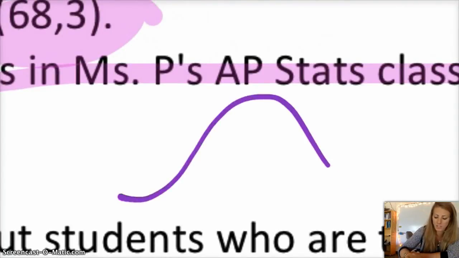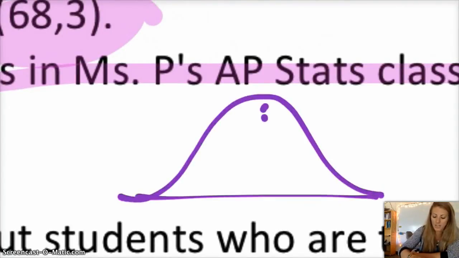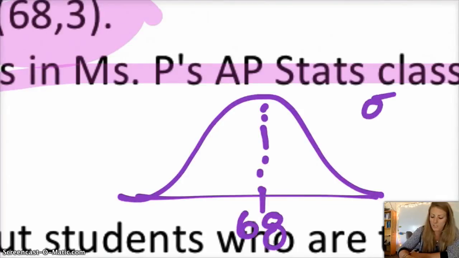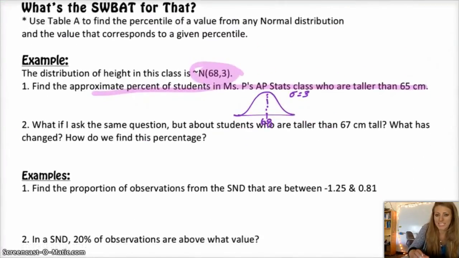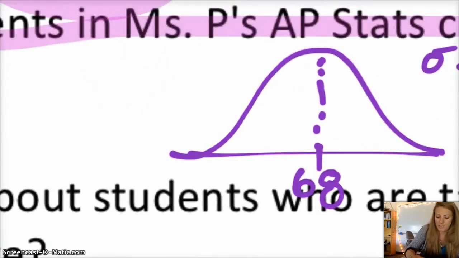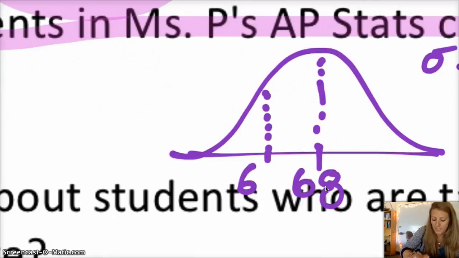You've got your normal curve, and your mean is 68, and your standard deviation is 3. And the nice thing with this particular question is that 65 is exactly 1 standard deviation below the mean. So here's 68 right here, and then exactly 1 standard deviation below that is 65.